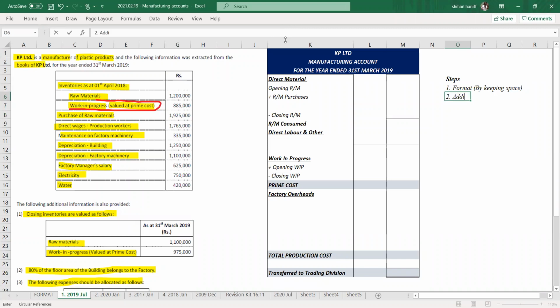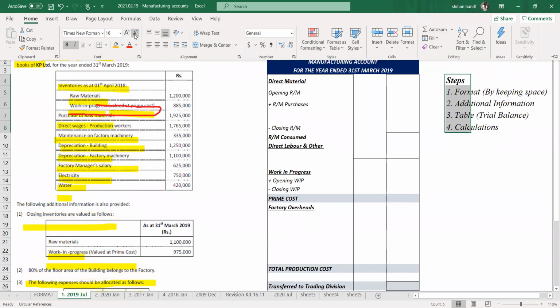Then additional information. You have to do additional information. Third step, table. Or sometimes they will give a trial balance. So here they have given the table. Fourth step, only the calculations. So you have to do the calculations at last. So it's important to follow the steps.